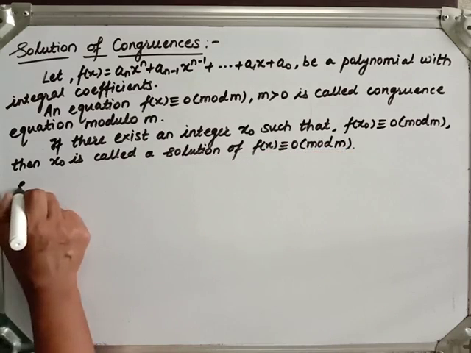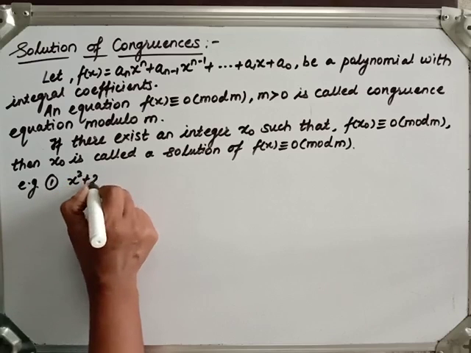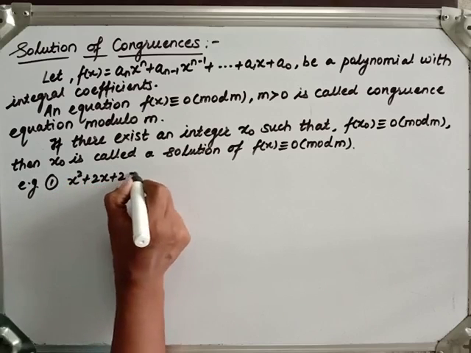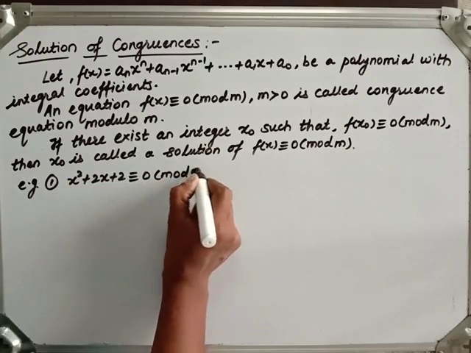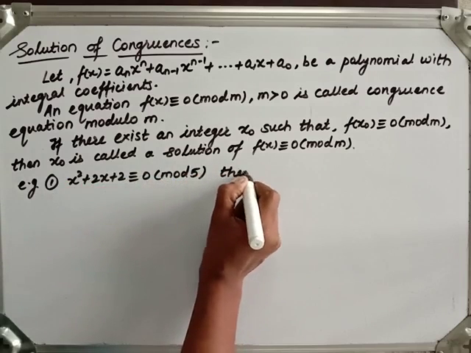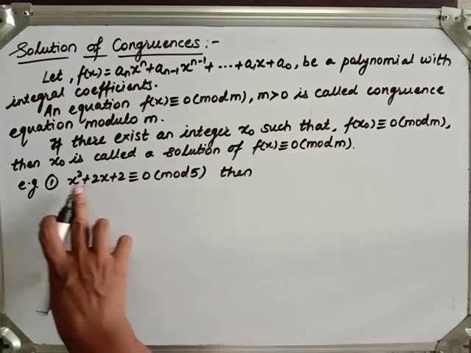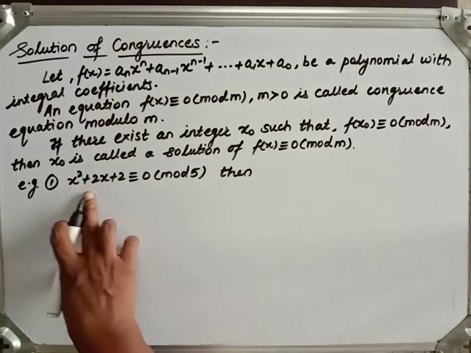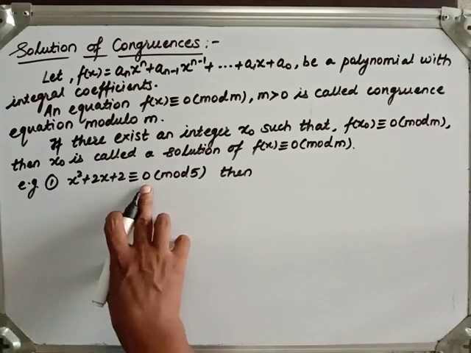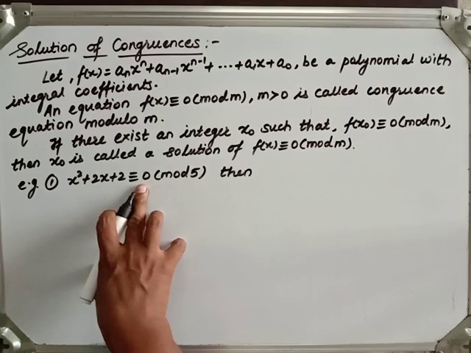For example, x square plus 2x plus 2 congruent to 0 modulo 5. Here this is a polynomial. Here we have to put x such that the value is congruent to 0 modulo 5, means remainder should be 0 in that case.